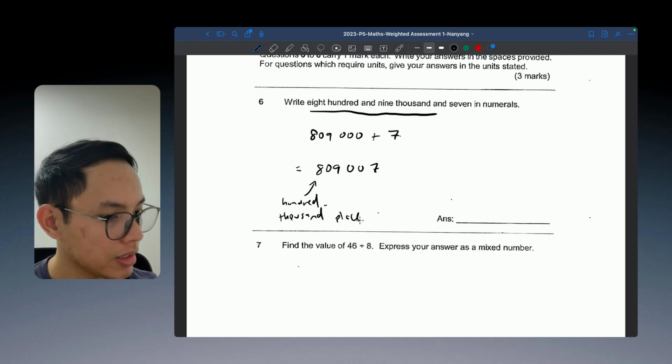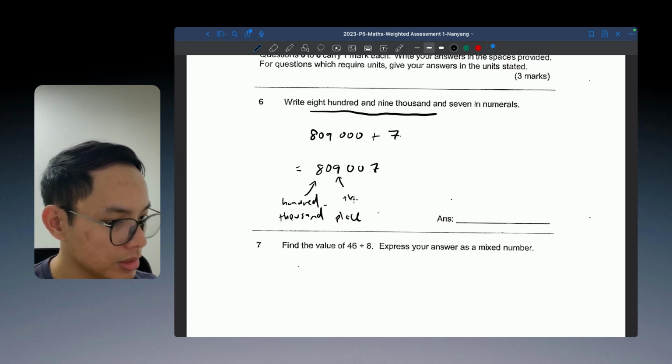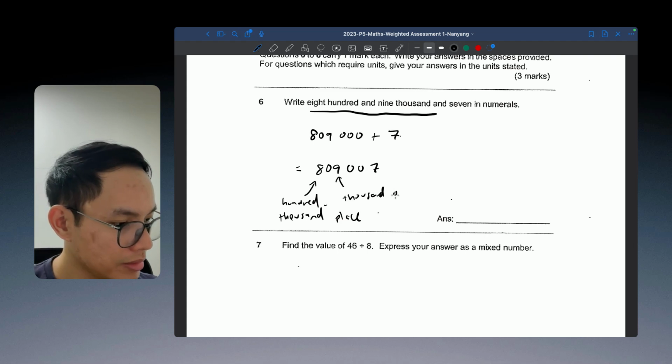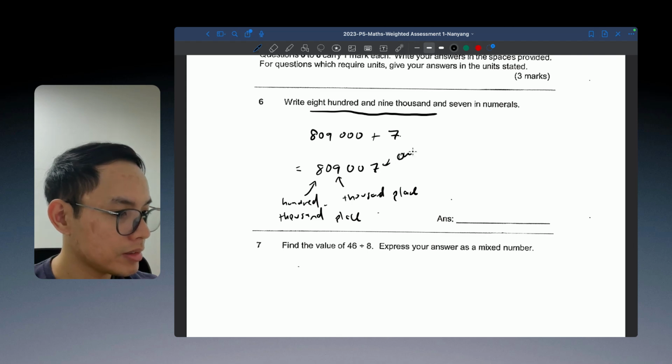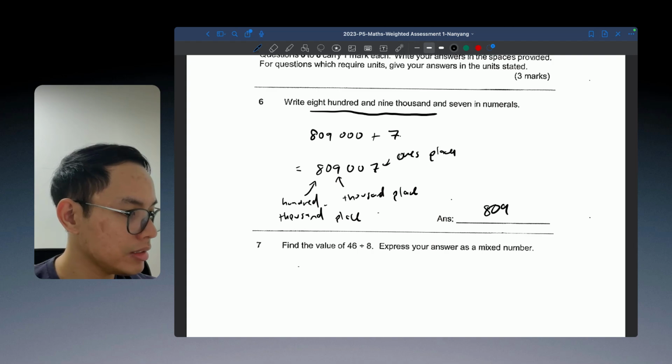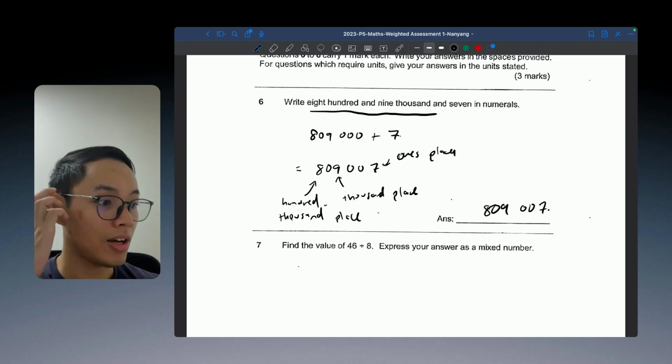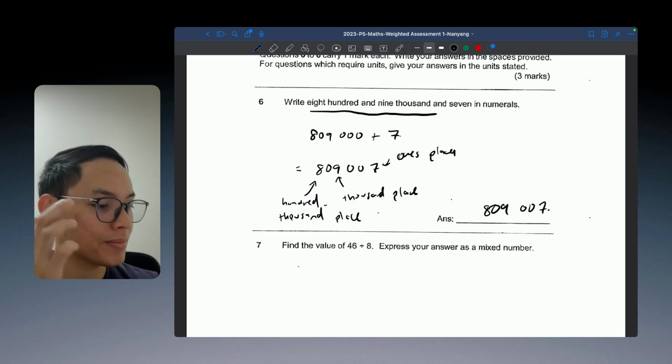Okay. Then 9 over here is the 1,000 place. Okay. And 7 here is the 1 place. Right. So the answer here is 809,007. Okay. So that is how you do question number 6.